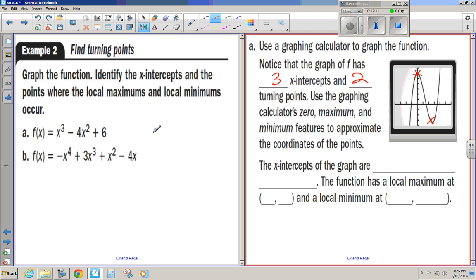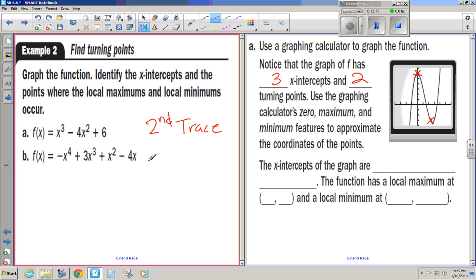So now, again, when you push second trace, this menu will pop up. You will see these choices: value, zero, min, and max. These are some of the things.